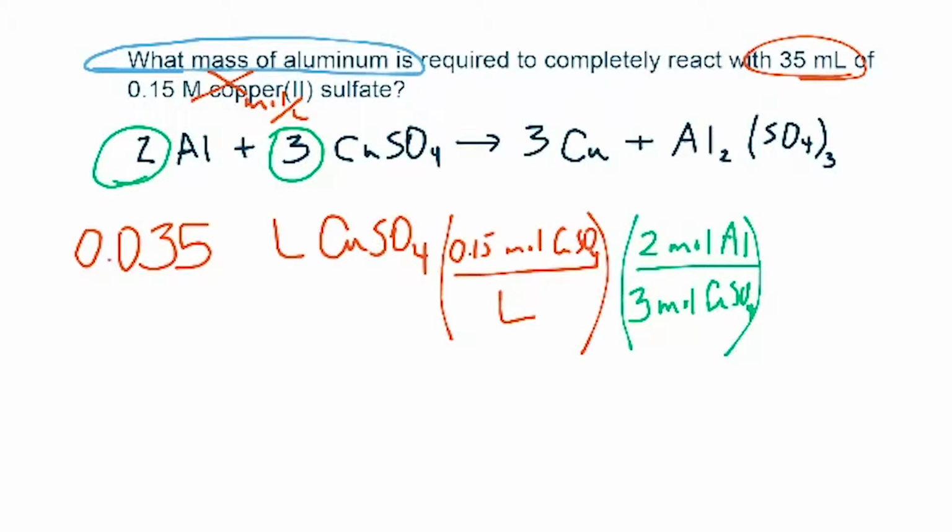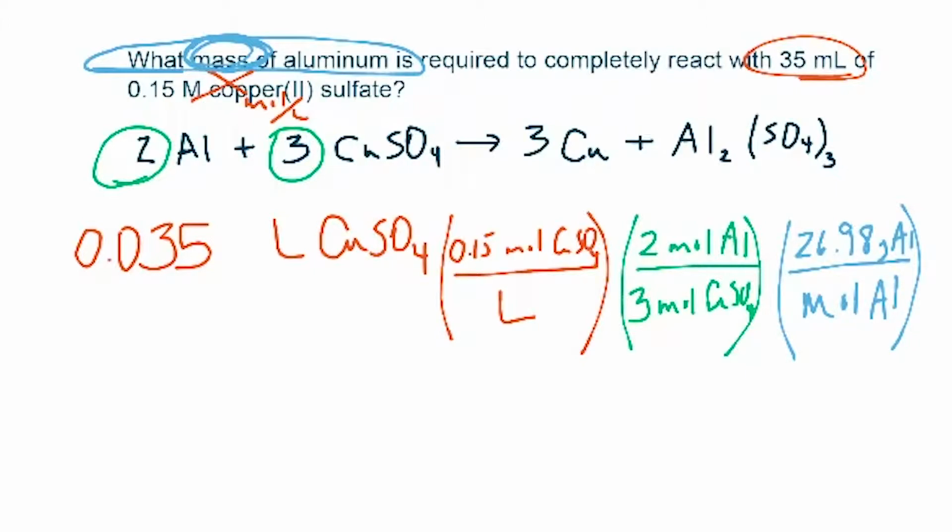But the question didn't ask me for moles. Remember, the question asked me for mass. So the last step will be to convert the moles of aluminum into mass. And of course, we use the molar mass for that. 26.98 grams of aluminum per mole of aluminum.